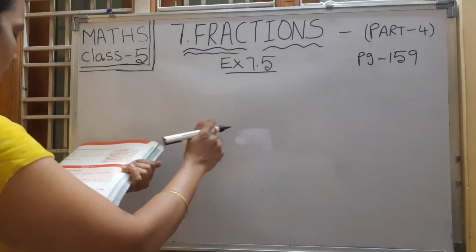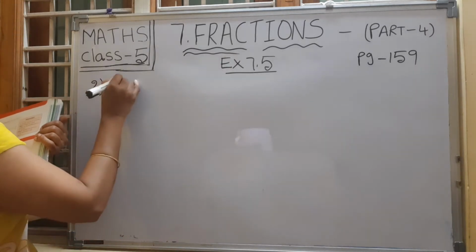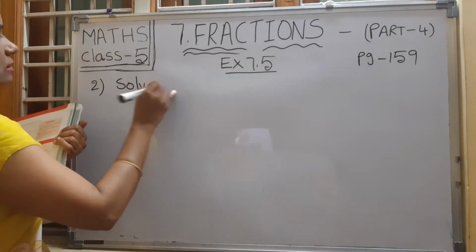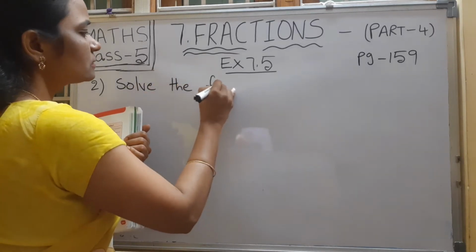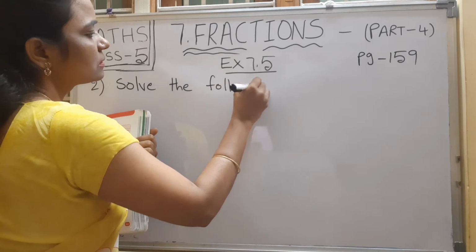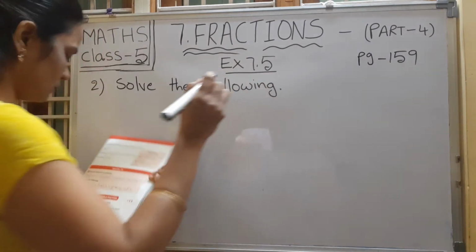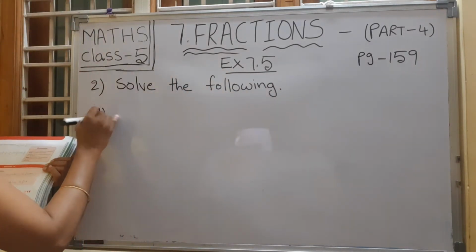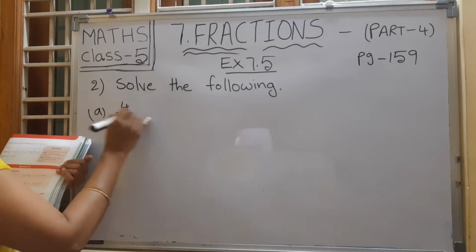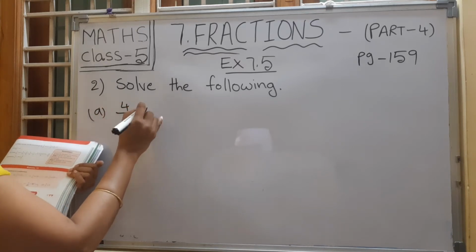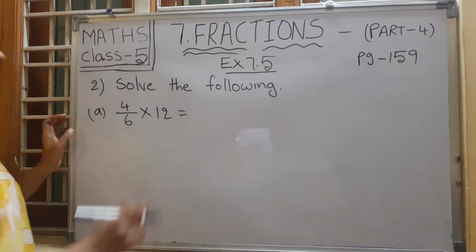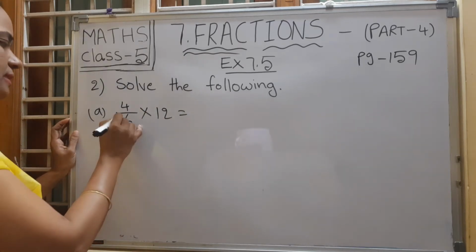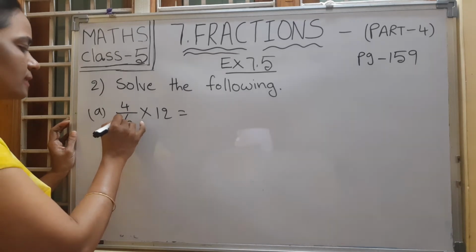From same exercise, the second bit. Solve the following. A bit: 4 by 6 into 12. So take the multiplication here. Directly I am cancelling here.